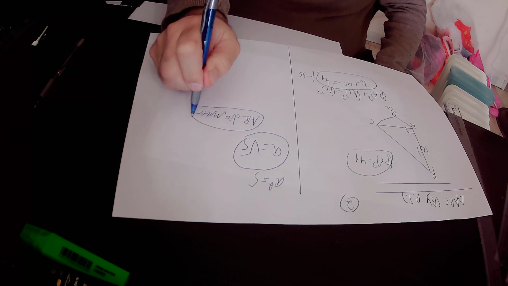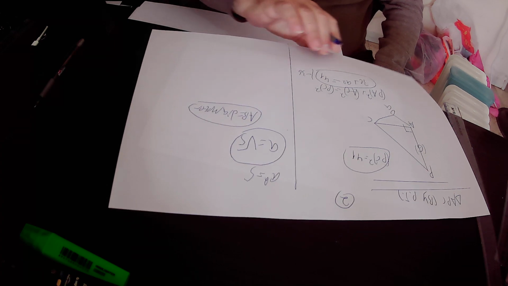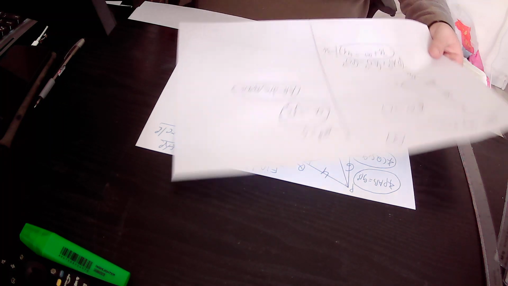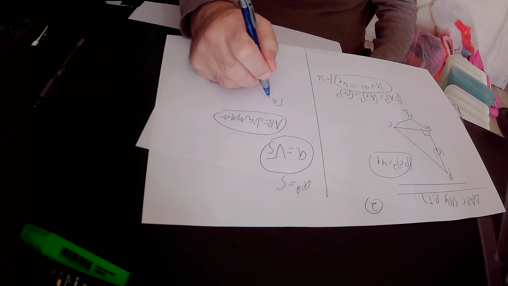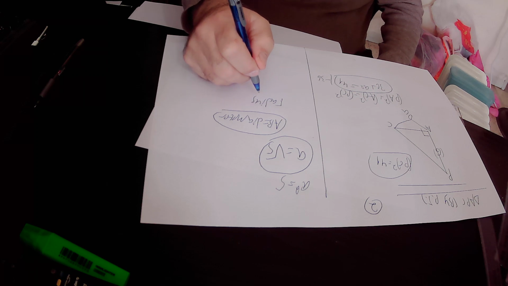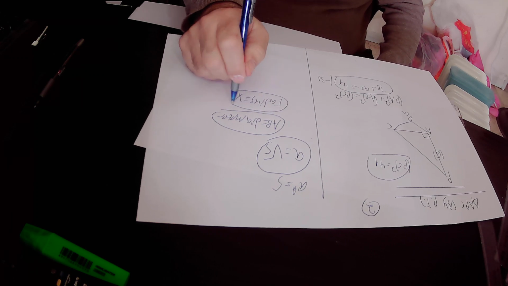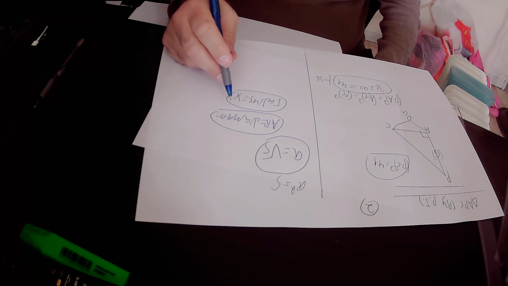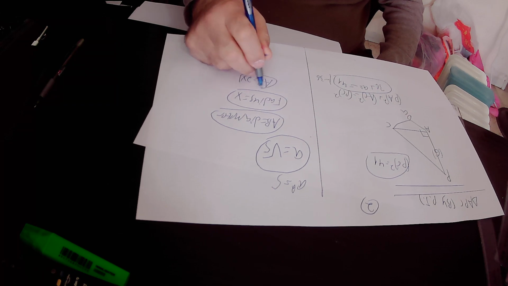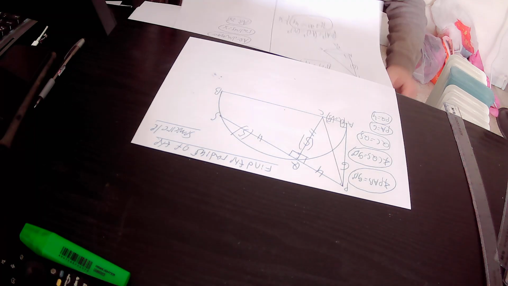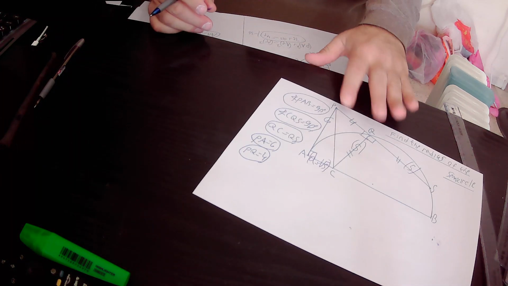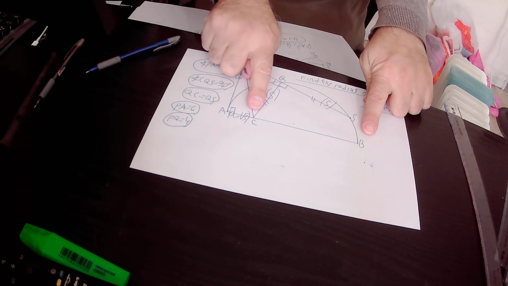So we will define the radius of this semicircle as x. So if the radius of the semicircle is x, it means that the diameter AB is 2x. So AB equals 2x. So what is the length of CB?